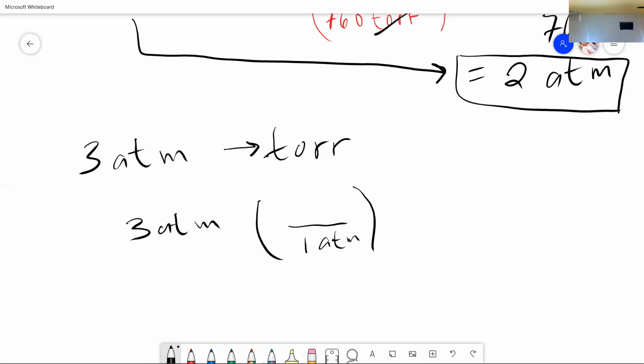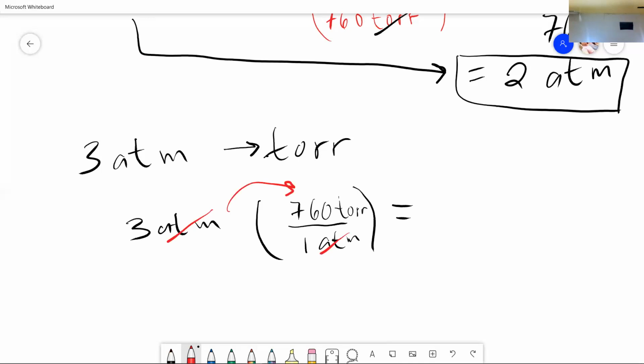We have 760 torr. So in one ATM, there is 760 torr. What we're going to do is cancel out ATM, then get the product.